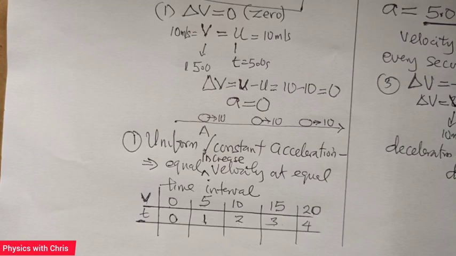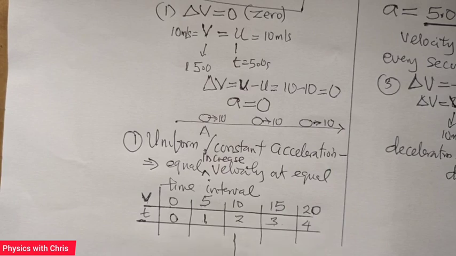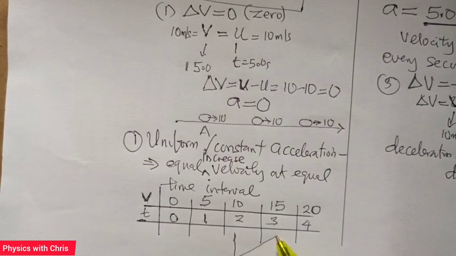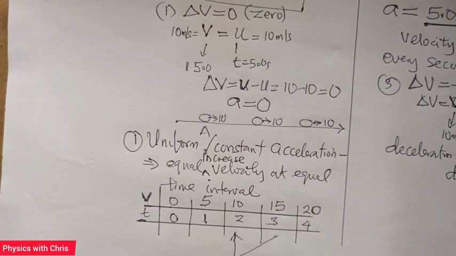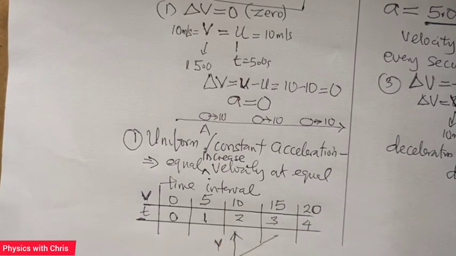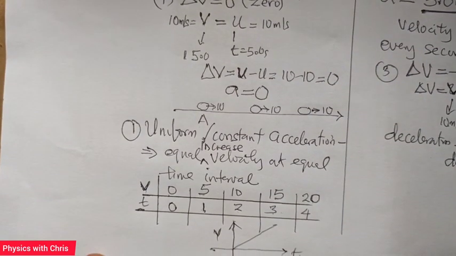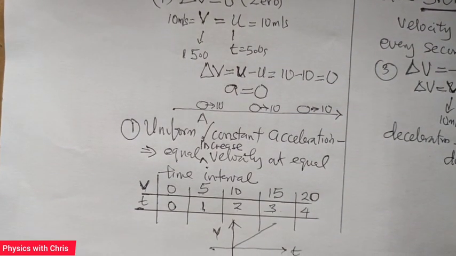And if you draw the velocity-time graph of this table, it will give you a linear graph, a straight line graph that is inclined at an angle theta to the time axis. A graph like this gives you the graph of constant acceleration. In the next video we'll talk about that more.